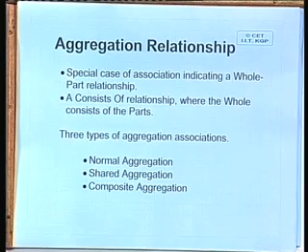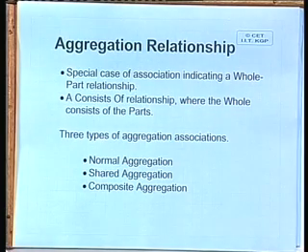Now, the aggregation relationship is a special case of association indicating a whole part relationship. So, a "consists of" relationship where the whole consists of the parts, right. So, I have said that there are two basic structures, one is the whole part and the other one is the generalization.